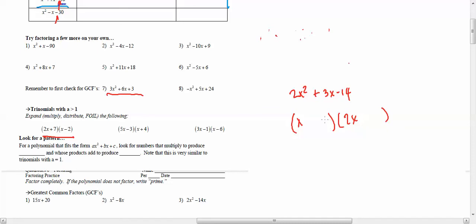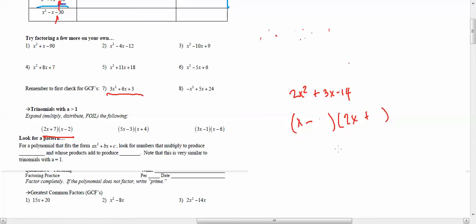We can try, and I know that it's going to be a plus and a minus like this, right? Or a minus and a plus. Same trick. That negative right there tells me that. But here's the harder part: which do I choose to make the number 3?